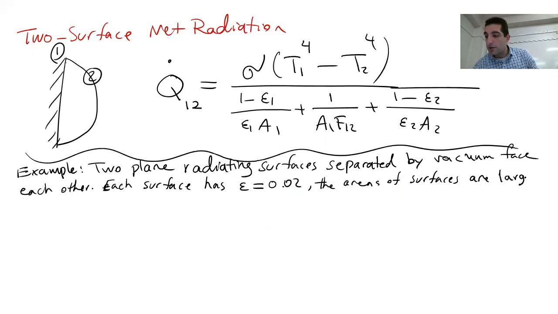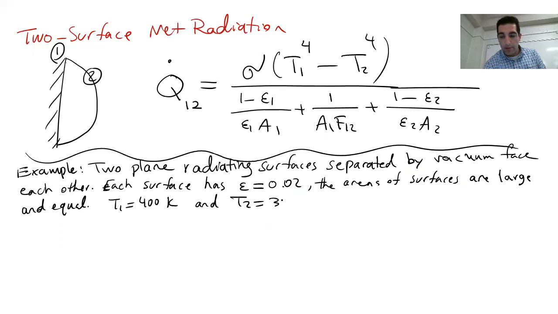So from this large, you should learn something. Are large, there's a hint here, and equal. One surface is at 400, so let's say T1 is 400 Kelvin, and the other surface, T2, is at 300 Kelvin. So we know temperature, we know emissivity, we know area to some extent.